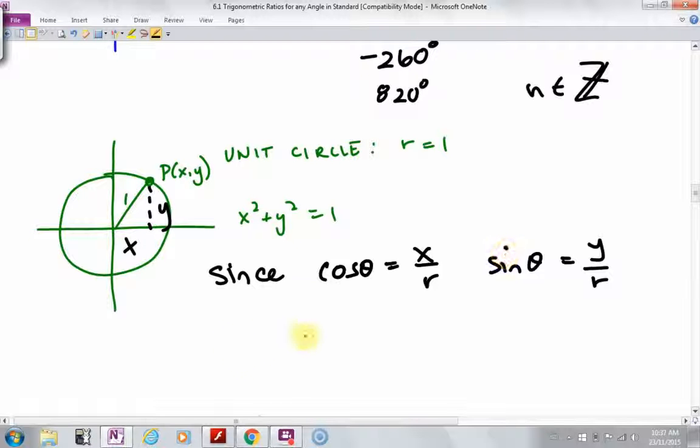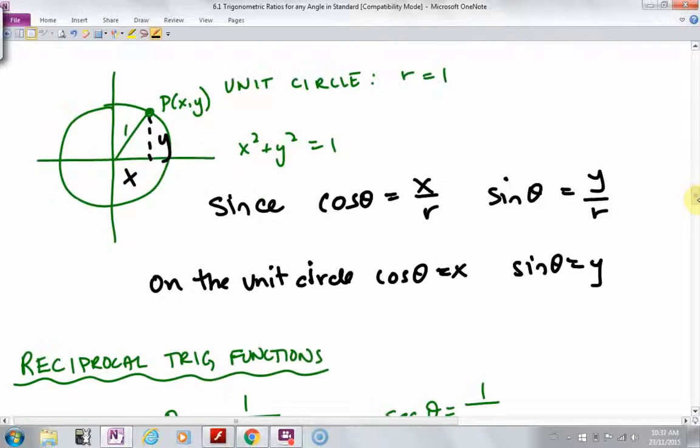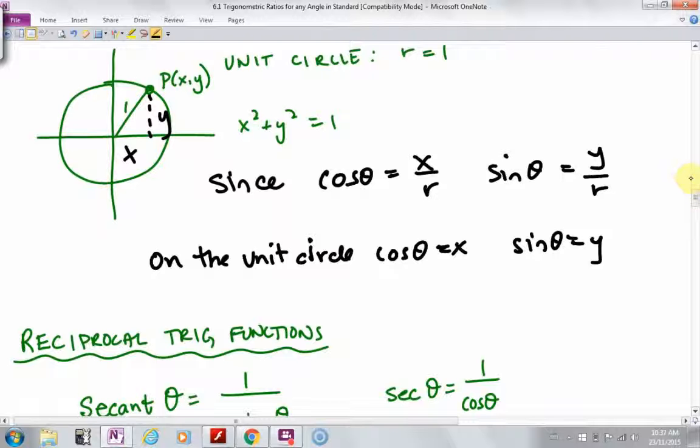On the unit circle, cos theta will be equal to x, and sine theta will be equal to y, because r is equal to 1. Now that allows us to define the reciprocal trig functions.